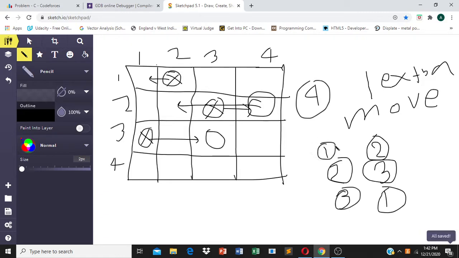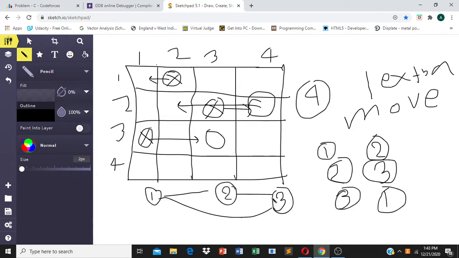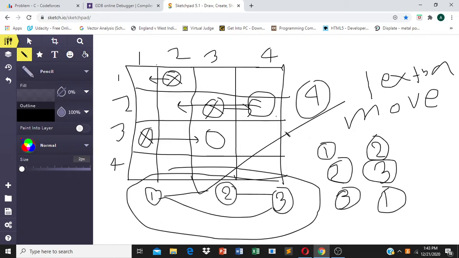If I draw these as vertices, and I make every coordinate an edge, how would that look? Let's draw it. 1 is connected to 2, and then 2 is connected to 3, 3 is connected to 1, which means it actually forms a cycle.